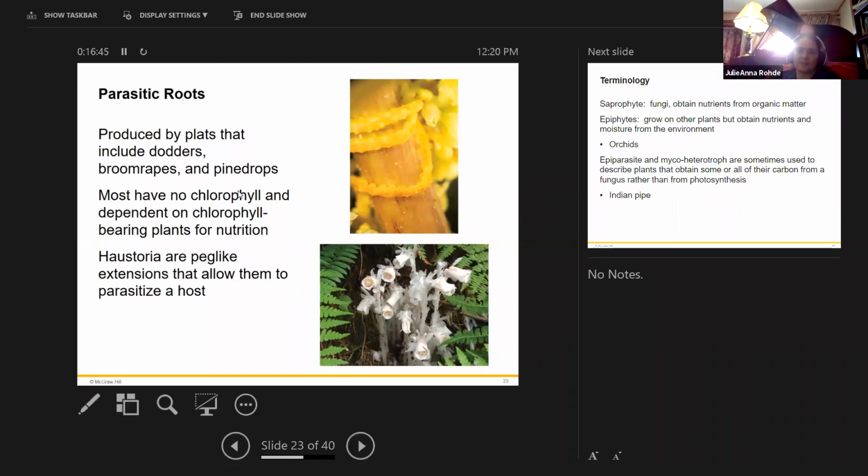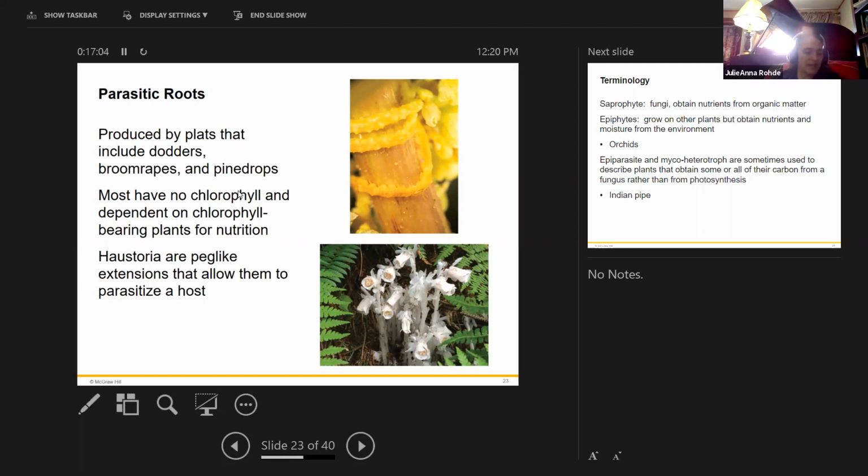And of course, then parasitic roots. We have lots of different plants that will bore into basically another plant in order to pull nutrients out, and they're going to often do that with a root. So these are produced by plants.